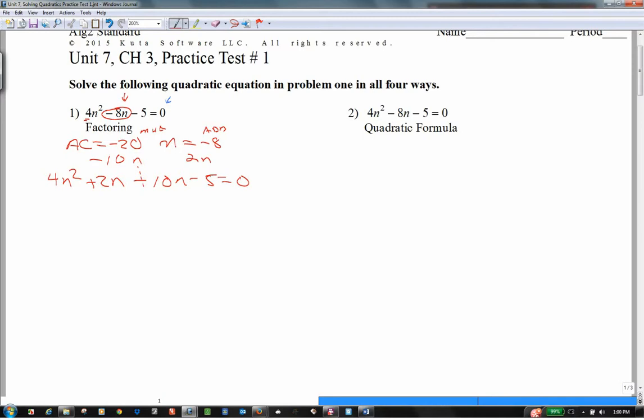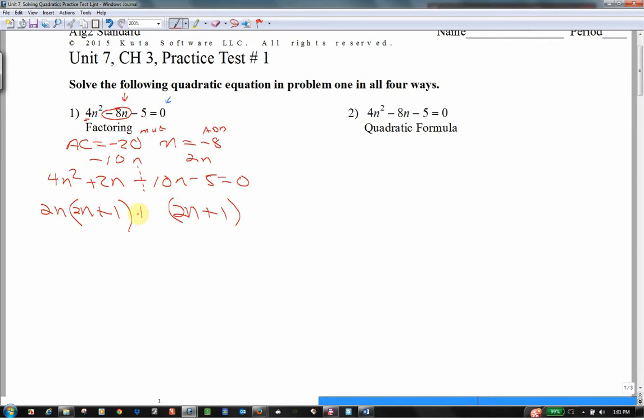So let's group it. I can pull a 2n out of the first, that would give me n plus 1. So 2n plus 1. If I have a 2n plus 1 as one of my factors, it also has to be on the other side. So I need to have a 2n plus 1 over here. I'm going to have to factor a plus 5 out.